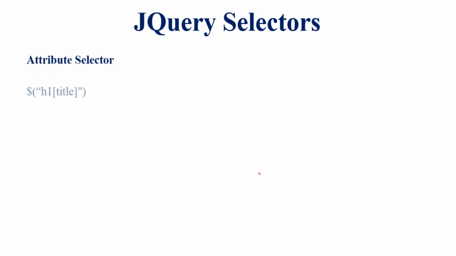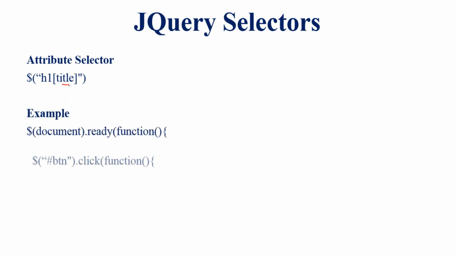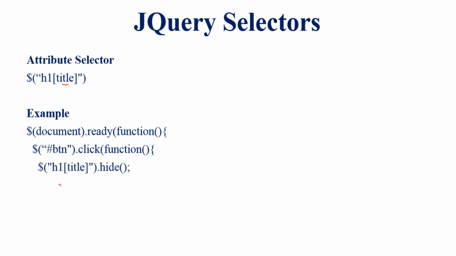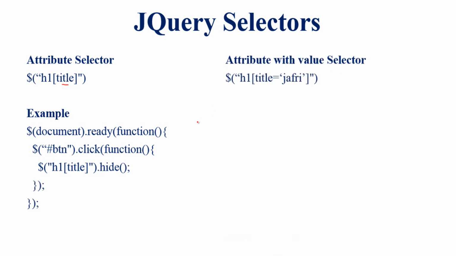Another is the attribute selector. In this case it means that for h1 which has a title attribute, we will perform the action on that element. In document.ready, you can see that h1 should hide, but only those h1 which have a title attribute. Another is the attribute with value selector. You can see that title and its value is Java.